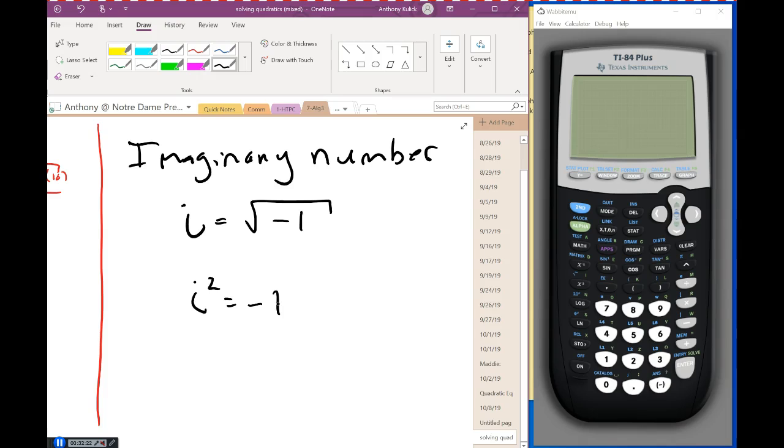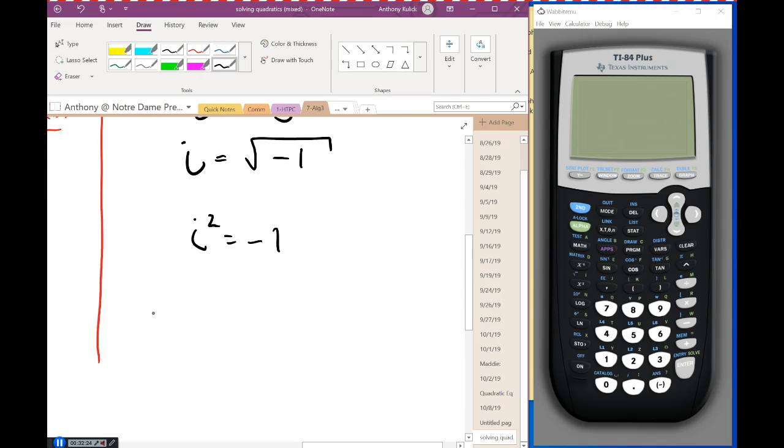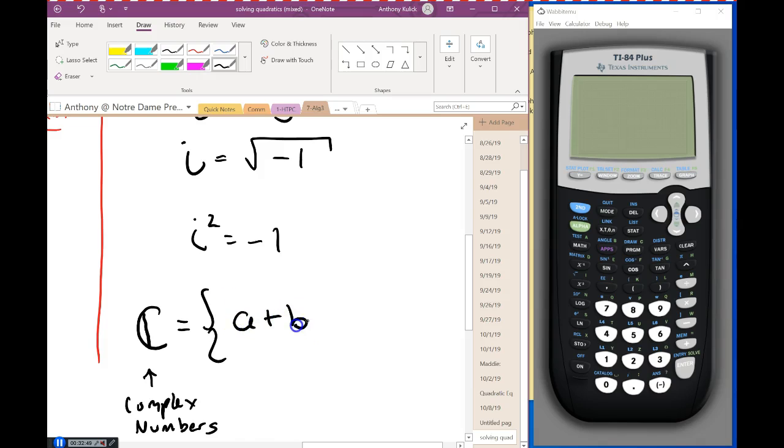So, we're going to take that special imaginary number, and we're going to create a new set of numbers. The symbol we're going to use for that set is this special looking C. That C stands for the complex numbers. So the complex numbers is a set of numbers, and the numbers inside the complex numbers look like this.